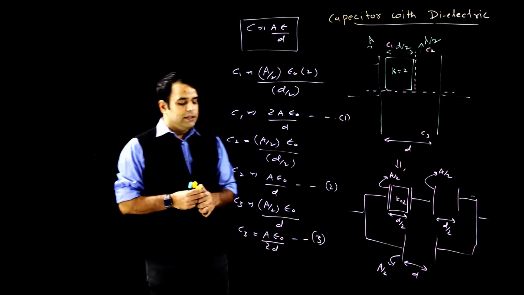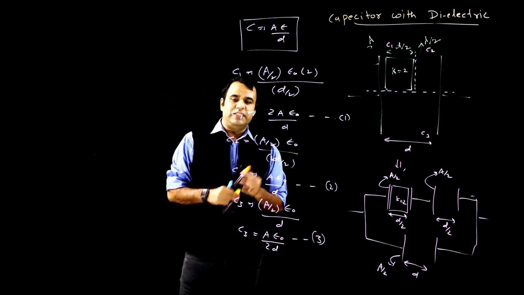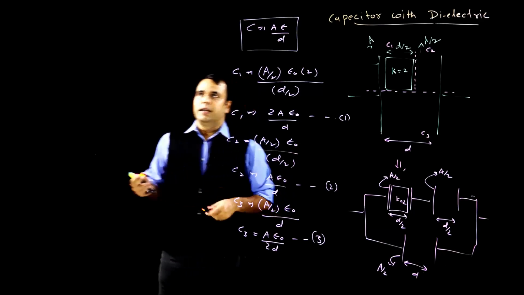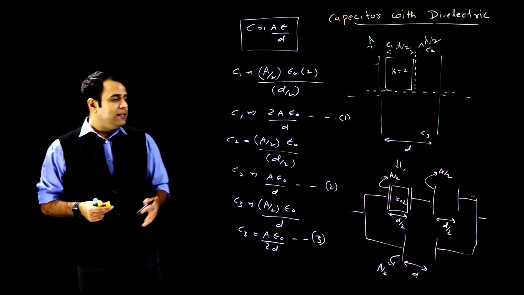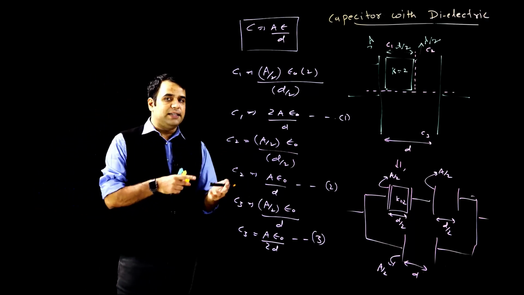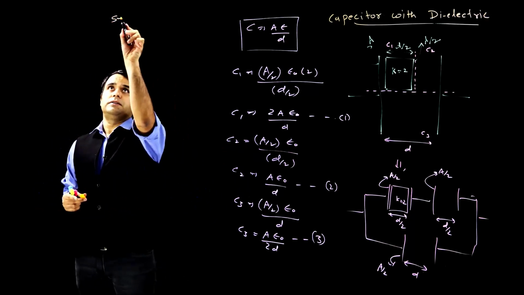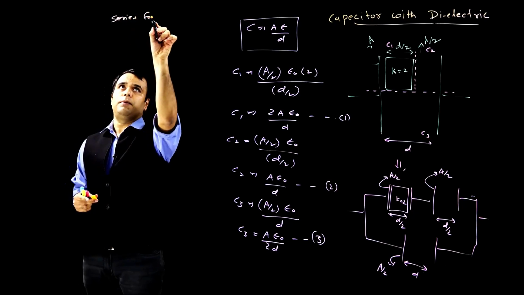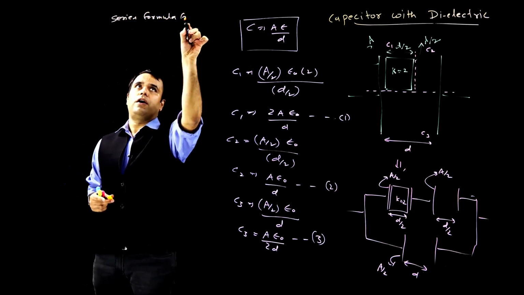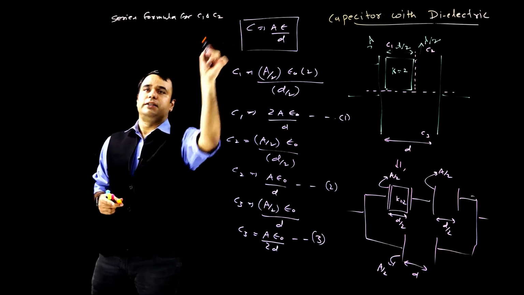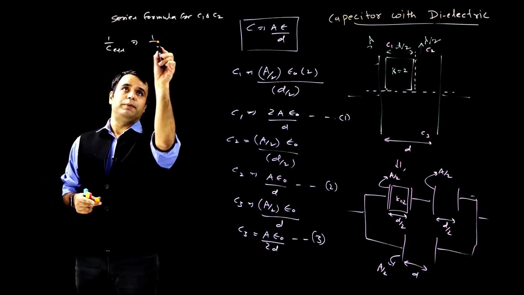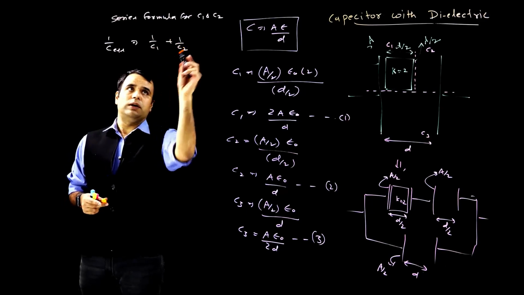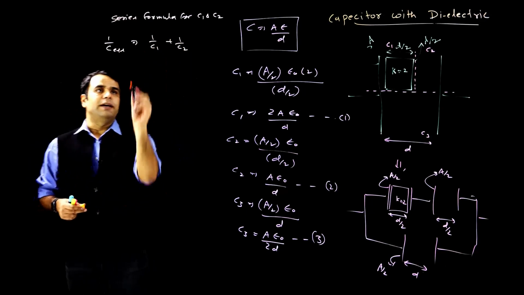Okay. So we have got the values of C1, C2 and C3. Now first we'll calculate for C1 and C2. You can see that C1 and C2 are connected in series, so we'll use the series formula. 1 upon C effective between C1 and C2 will be 1 upon C1 plus 1 upon C2. This is our series formula.